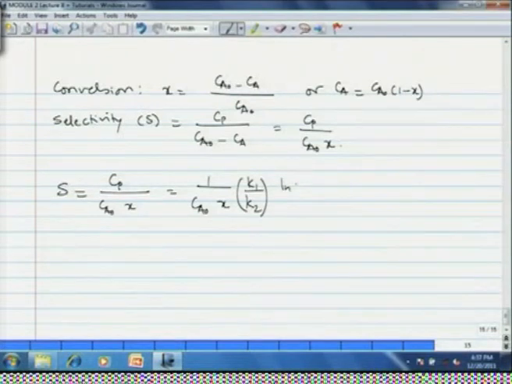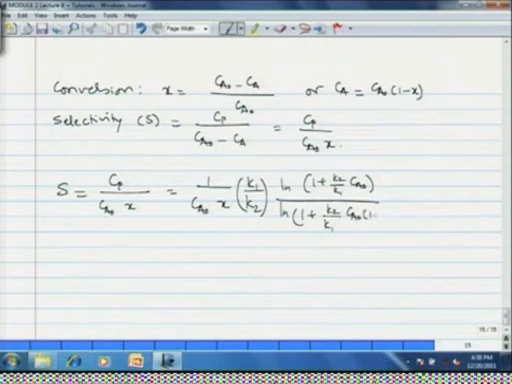ln 1 plus K2 by K1 into Ca naught divided by ln 1 plus K2 by K1. Now, instead of Ca here we put Ca naught into 1 minus x. And this gives the result.